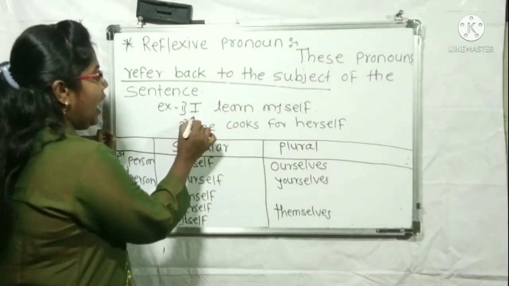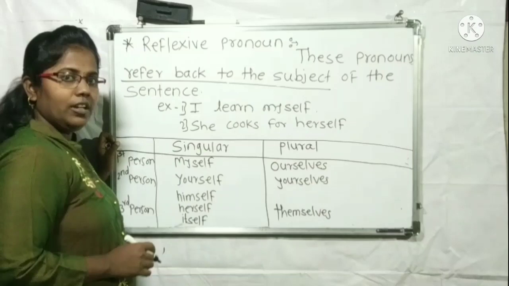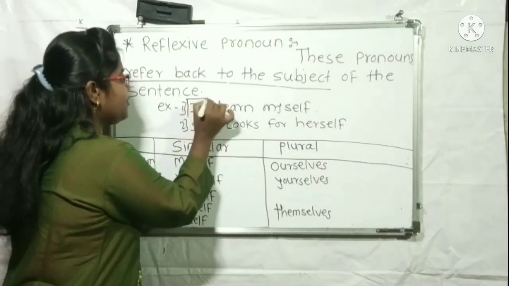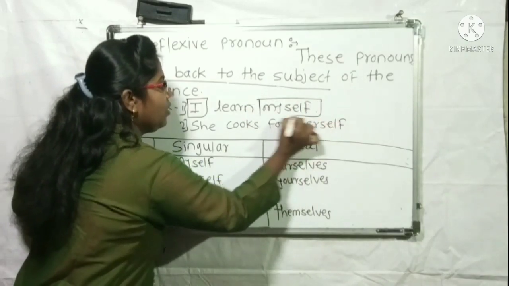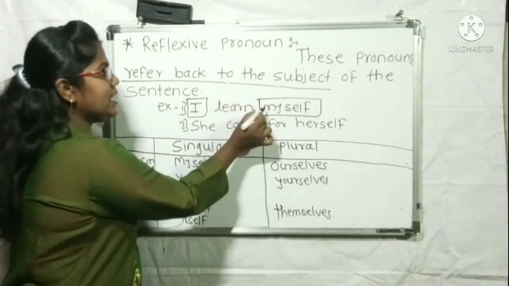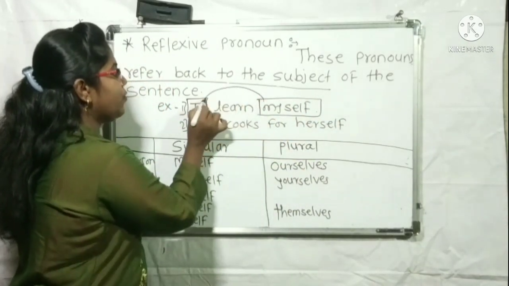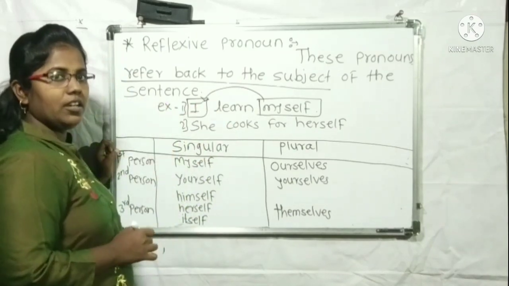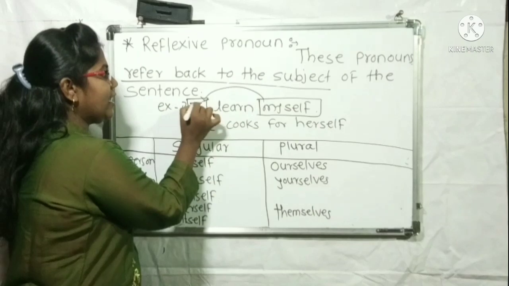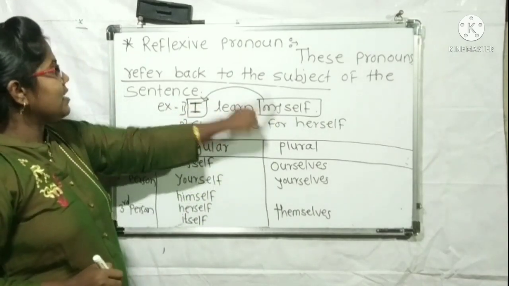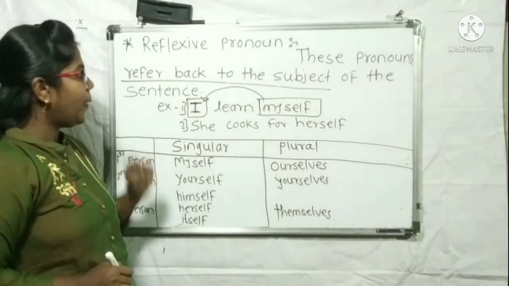For example, I learn myself. Here, I is the subject of the sentence and myself is the reflexive pronoun. This reflexive pronoun is used for this subject, meaning it refers to the subject I, and that's why it is a reflexive pronoun.